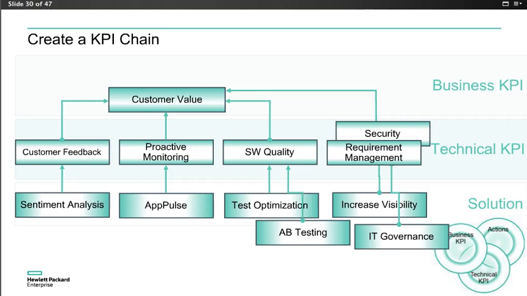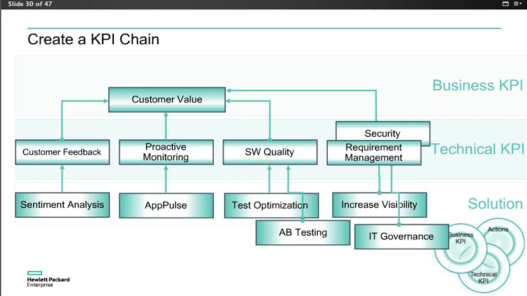You can also look at the same KPI chain from a different perspective. For example, using swim lanes like business KPI, technical KPI, and the solution that will be utilized to get these KPIs. You can see that the customer value we can feed by technical KPIs like customer feedback, proactive monitoring, software quality measurement, or security.